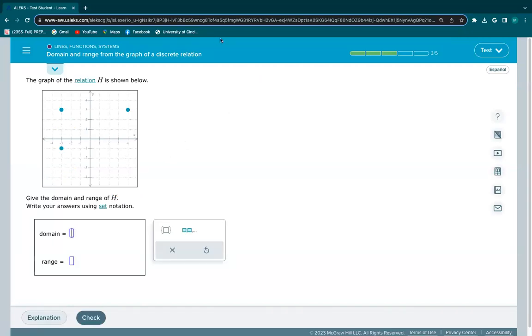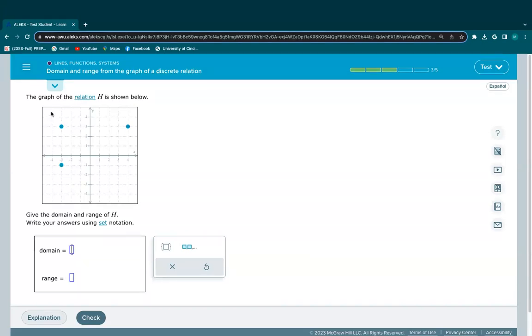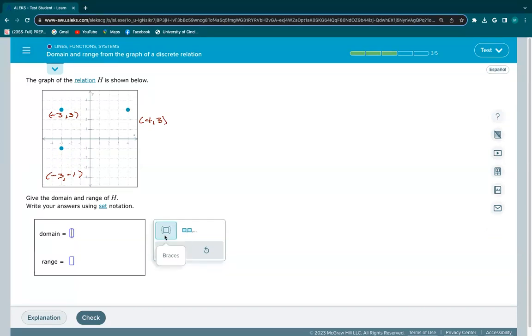All right, so this time I only have 3 points. We're gonna label them. So this is -3, 3. This is -3, -1. And this is 4, 3. Remember, have to use the braces. So the domain is the x's.